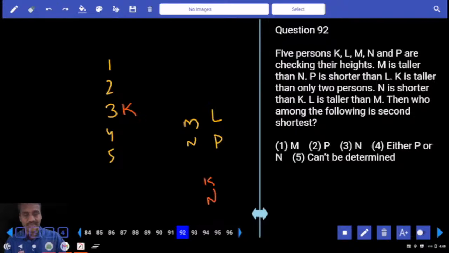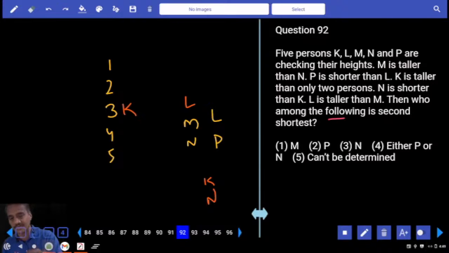The next one, L is taller than M. L is taller than M. After L, what should come? M should come, and after M, N should come, isn't it? Then what is the possibility we have? Then who among the following is the second shortest? Tell me who is the second shortest here. After this L, who is the first one?